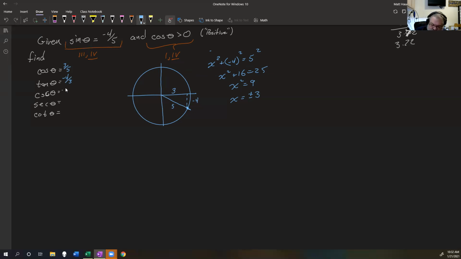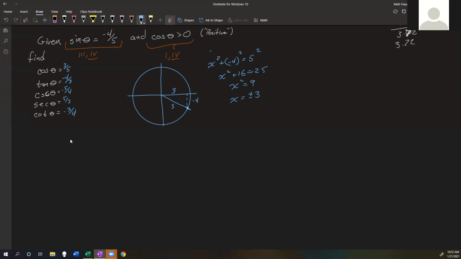Cosecant's going to be the reciprocal of our sine, so we technically already had that one. Secant's going to be the reciprocal of our cosine, 5/3. And cotangent, the reciprocal of our tangent.